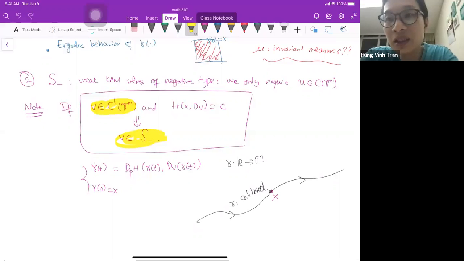Yes, we're going to use a certain fixed point theorem to find Weak KAM solutions of negative type. That's going to be our goal, and there are certain numerical algorithms to find V. This is a big deal actually. Up to this moment, there are a lot of works trying to find V in better ways, so it's a very active research direction.